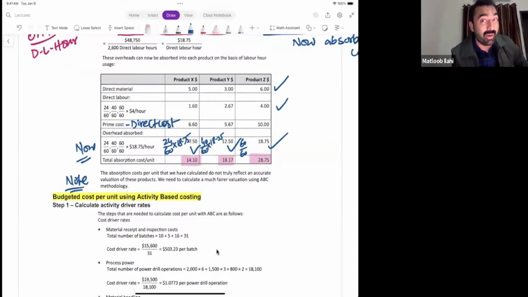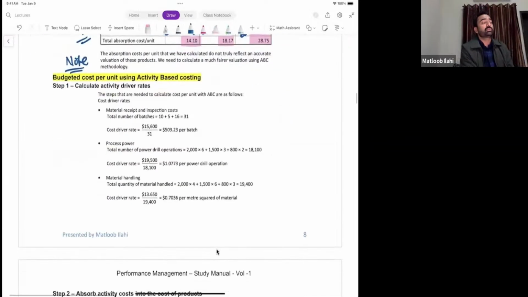We need to calculate a much fairer valuation using ABC methodology. Using ABC, we calculate product cost more accurately than under traditional absorption costing. So here comes budgeted cost per unit using ABC. Let's calculate ABC.